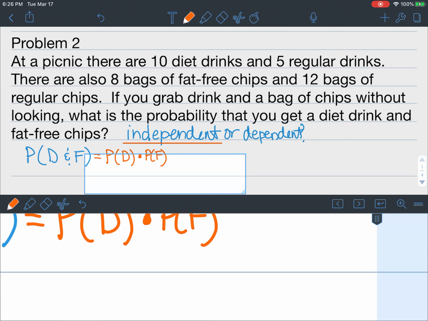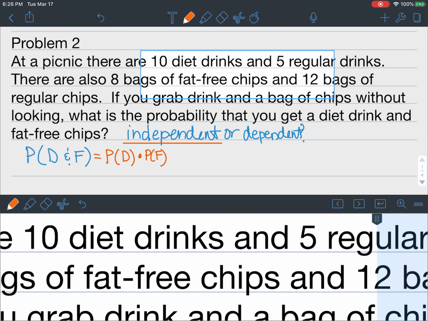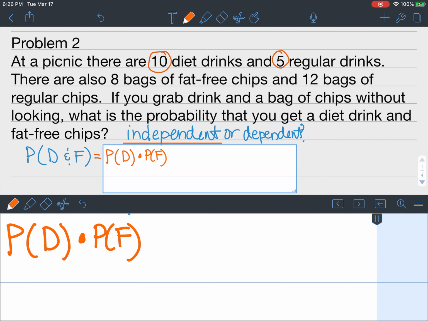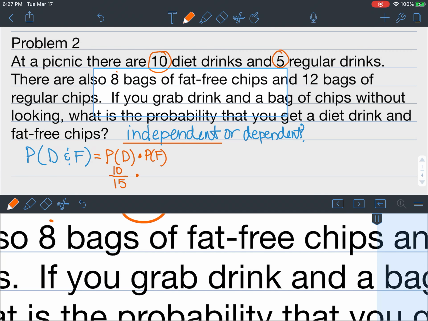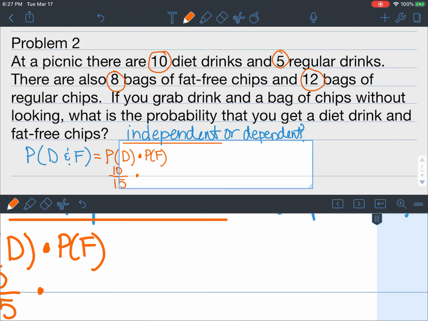Well, how many drinks are there? Careful. There's 15 altogether, because there's 10 diet and 5 regular. So the probability of choosing a diet drink then would be 10 out of 15. The probability of choosing fat-free chips, there are 8 fat-free and there are 12 regular.